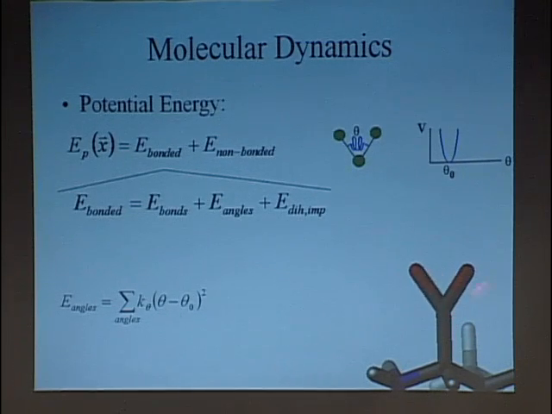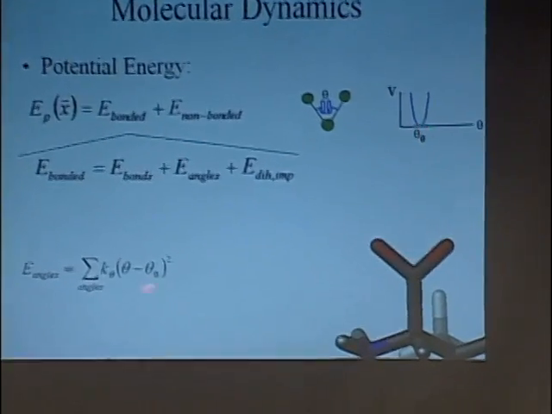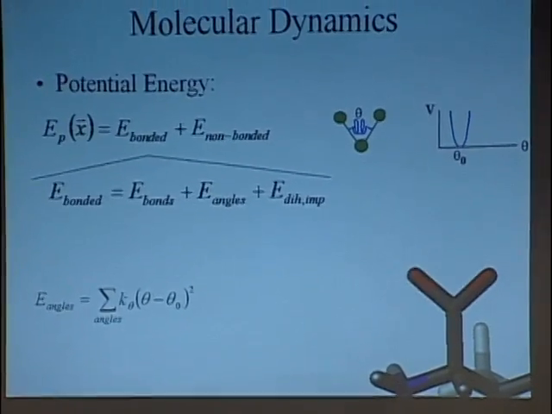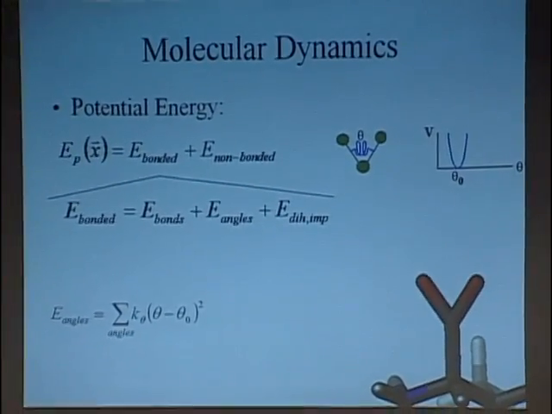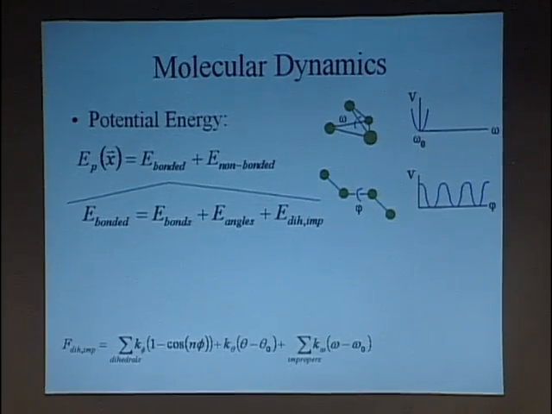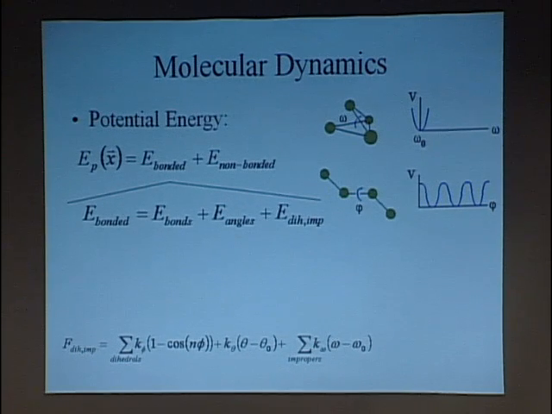So if you imagine these three nodes as three atoms, if this angle varies away from a certain equilibrium theta, then the potential energy is also a quadratic term, which tends to bring the three atoms to have a certain equilibrium angle. And then finally, the dihedral and improper term is probably one of the more complicated ones.